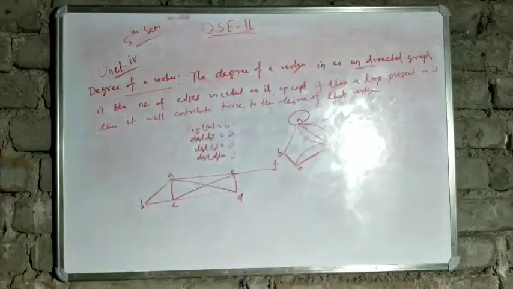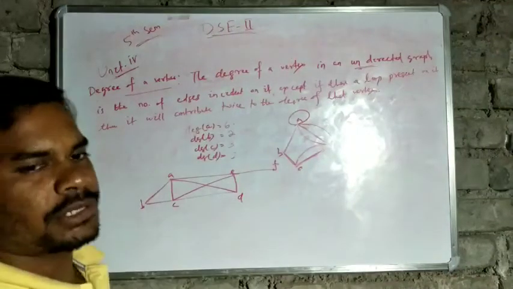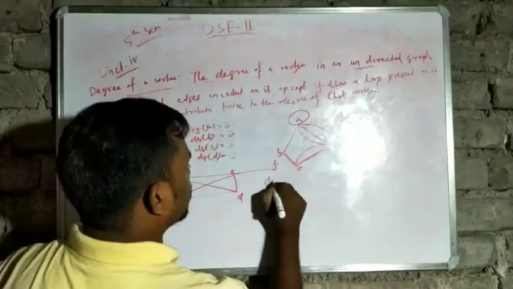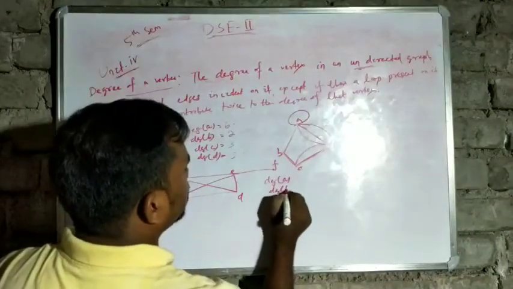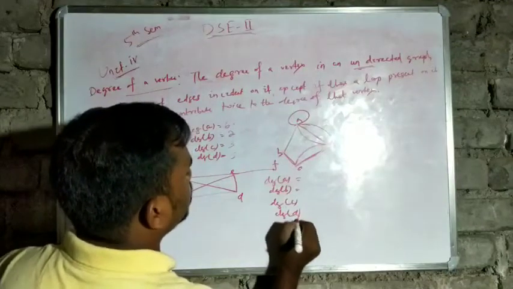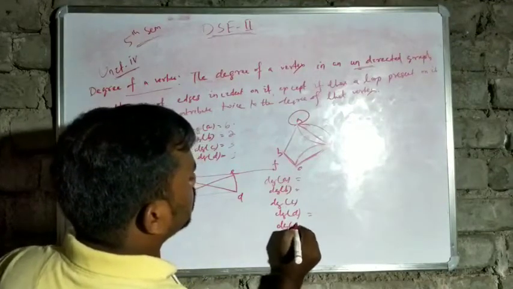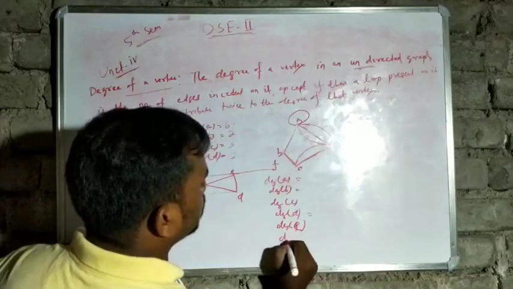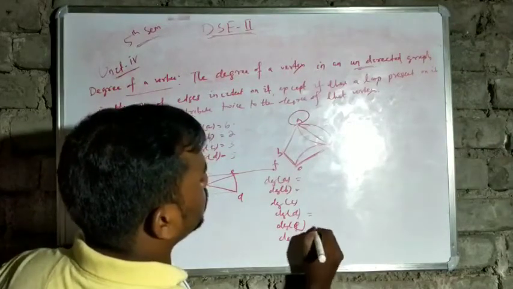Now we have to find their degrees: the degree of A, degree of B, degree of C, degree of D, degree of E, and then what is the degree of F?